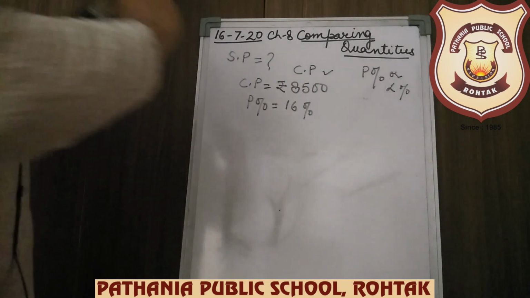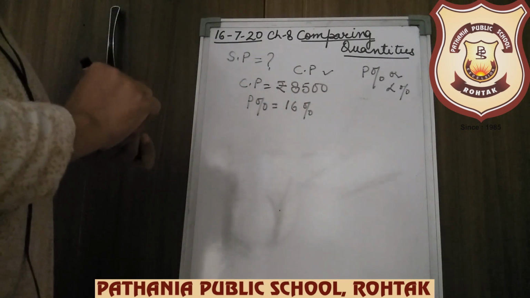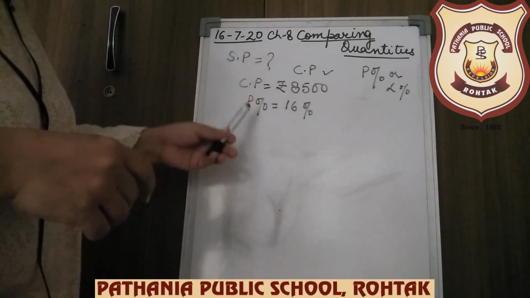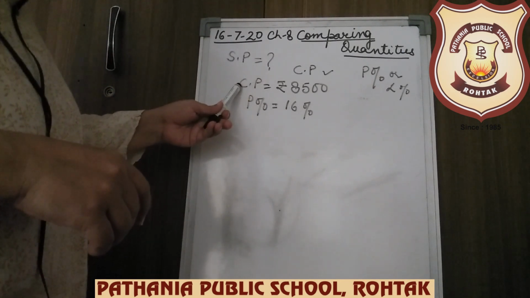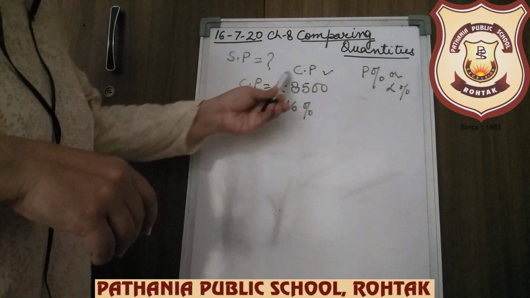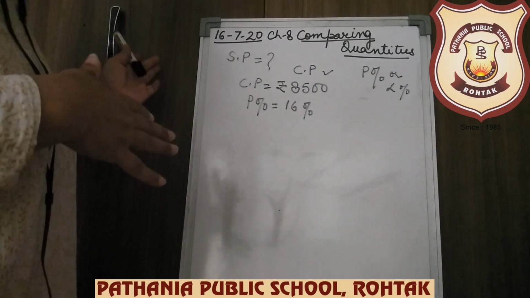So I told you we compare profit and loss always on CP. They are always compared on CP, and here as CP is given, so this is the whole, I am relating this to your percentage equation.